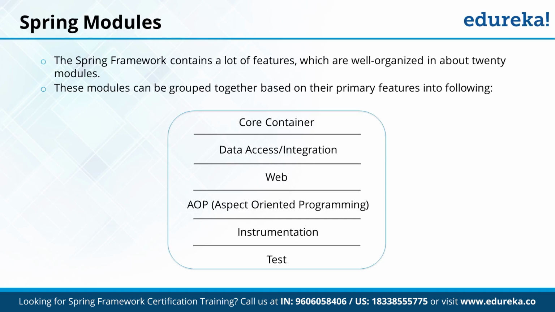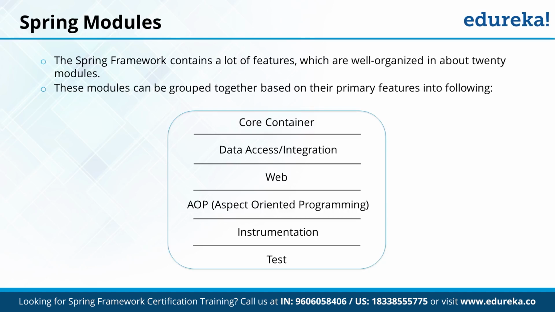You can access the data sets, or you can have integrations with frameworks like Hibernate. Core container is the one which has the basic functionality. Using the web layer or the web APIs, we can write the web MVC code. Then aspect oriented programming: the way we got object oriented programming, in a similar way we got aspect oriented programming.